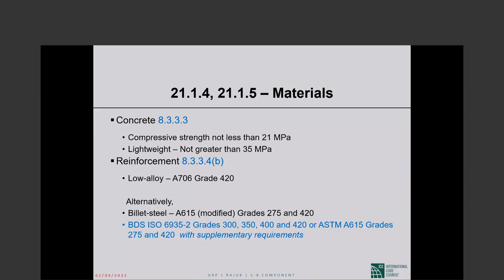That is ACI 318-19 stuff. When you are dealing with ACI 318, the ASTM A706 edition that it references has only grade 60 reinforcement or grade 420 in your units.